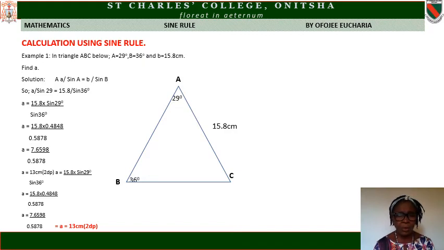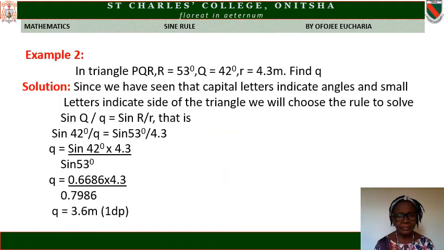When you use your calculator to divide through, you will see that the final answer is 13 cm to 2 decimal places. Now we go to example 2.